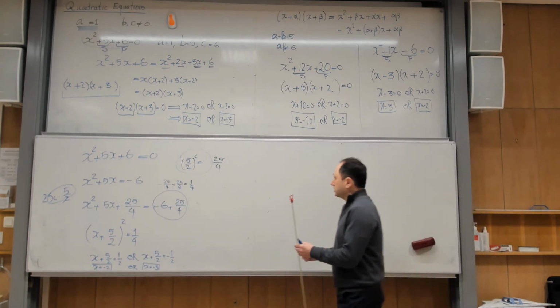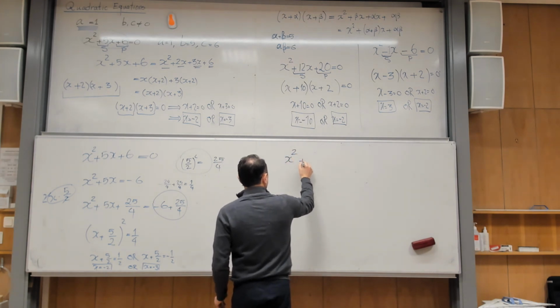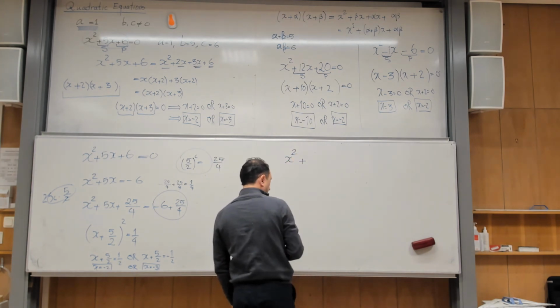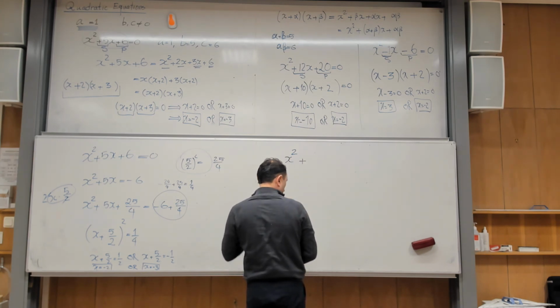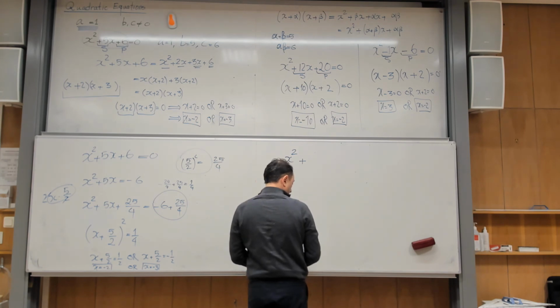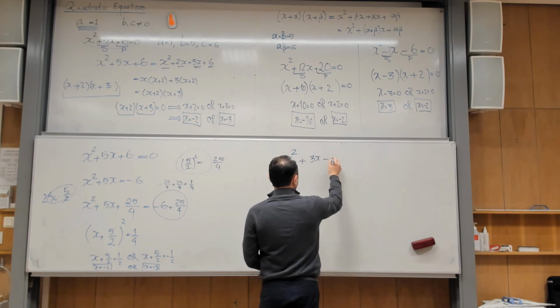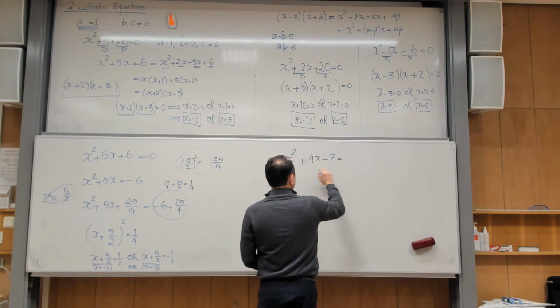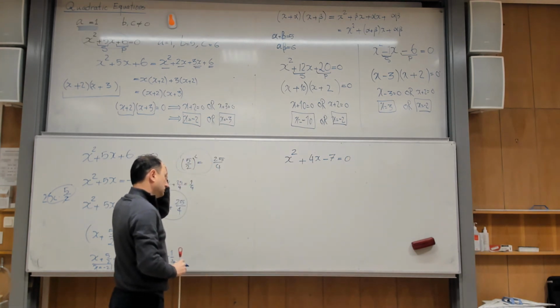Okay, so this question I want you to solve. We want to solve x squared plus 4x minus 7 equals 0.